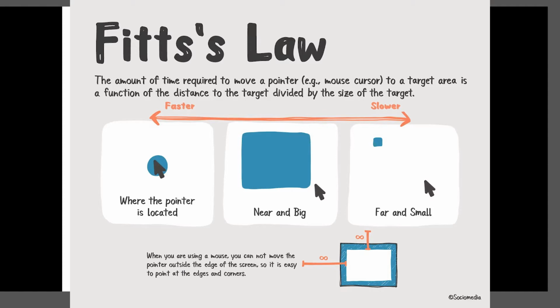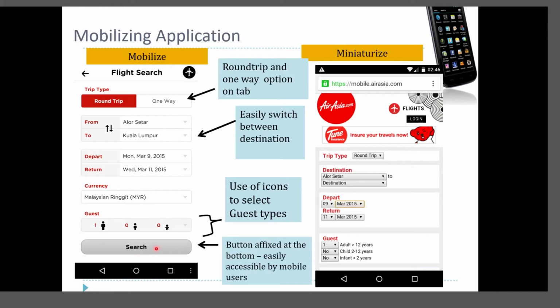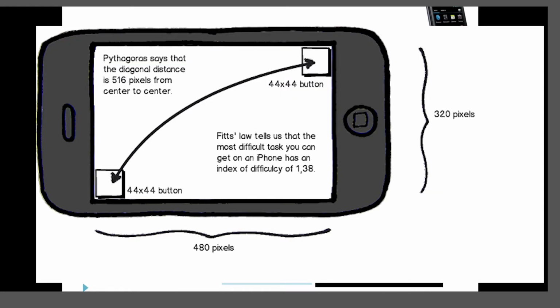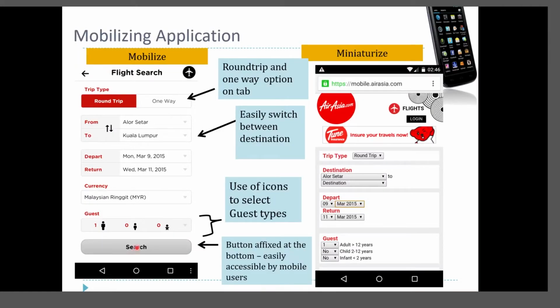Fitts law states that users find it easier to click a button if the button fills out the width. Okay, button fills out the width. This is what we call Fitts law. And the size is large enough for the user to click, or it is placed at the top or at the corner like this.